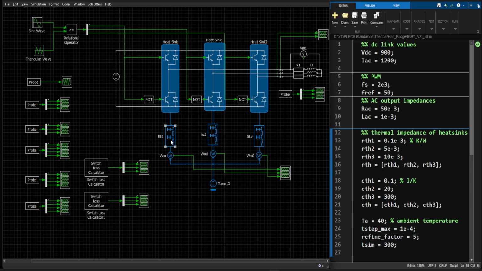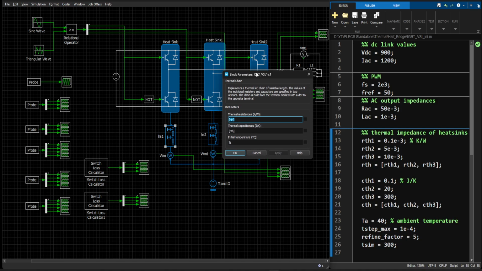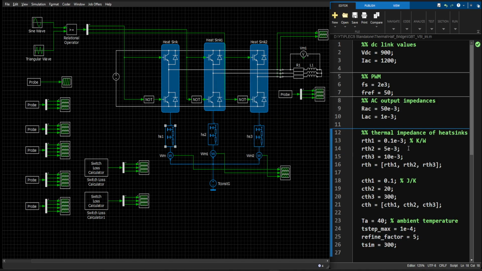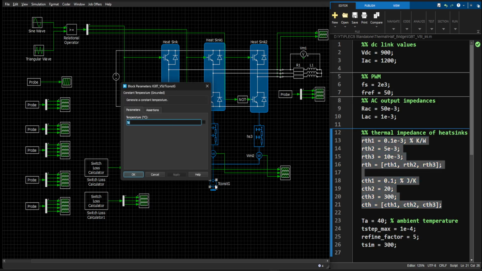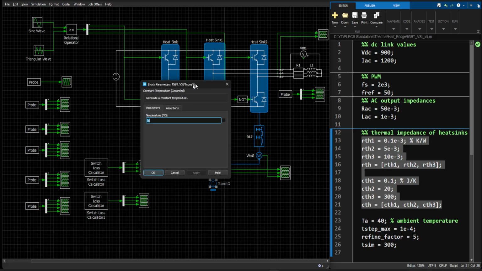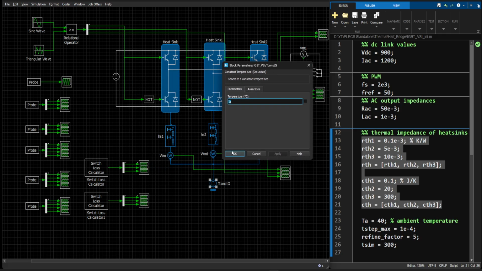I still stick to these thermal chain parameters and input the same RC pairs that I used in my previous simulation. All of them are then connected in parallel and ultimately connected to the environment. If it is a water-cooled system, this should represent the temperature of the water, or the temperature of the air if it is an air-cooled system.